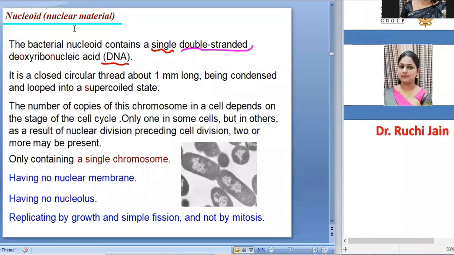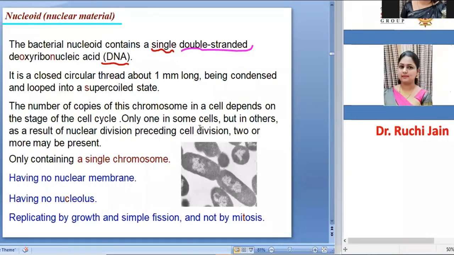The bacterial nucleoid is the nuclear material and contains a single double-stranded deoxyribonucleic acid, which is DNA. It is a closed circular thread about 1 millimeter long, condensed and looped into a supercoiled state. The number of copies of this chromosome in a cell depends on the stage of the cell cycle.